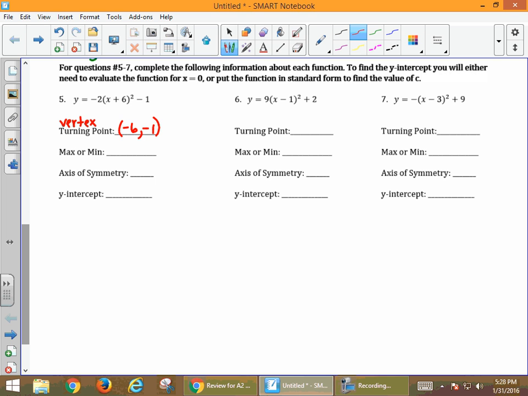The maximum or minimum, because the negative 2 is out in front, that tells me my parabola is upside down. So I will have a maximum value at y equals -1. The axis of symmetry is always x equals the x value of the vertex. So x equals -6.